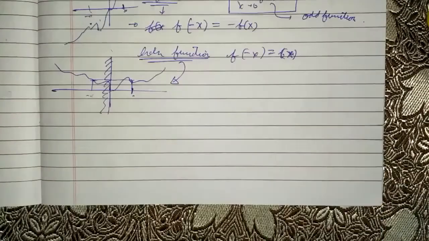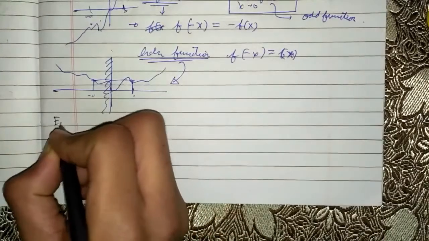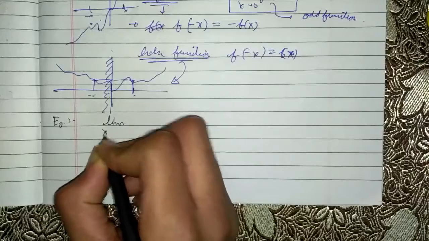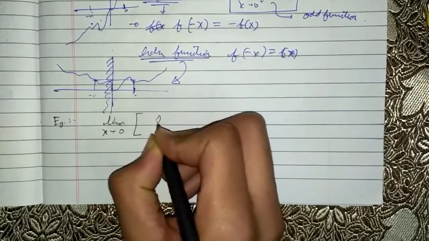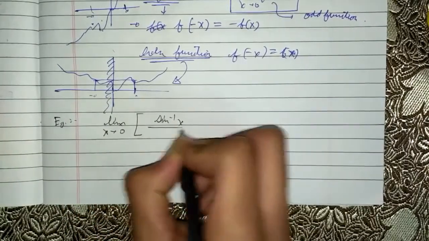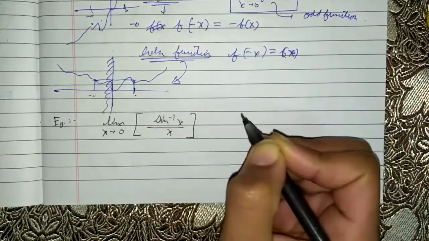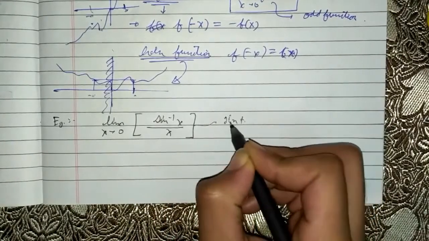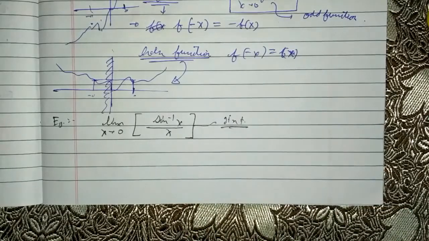Okay. So I have another good example: evaluate limit as x tends to 0 of the greatest integer of sin inverse x upon x. So try this.